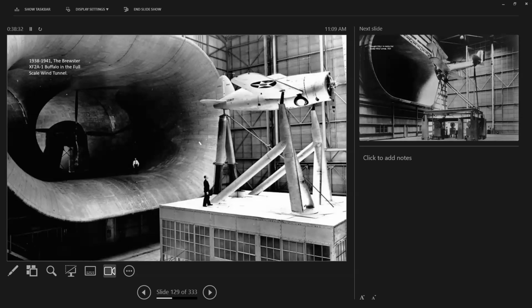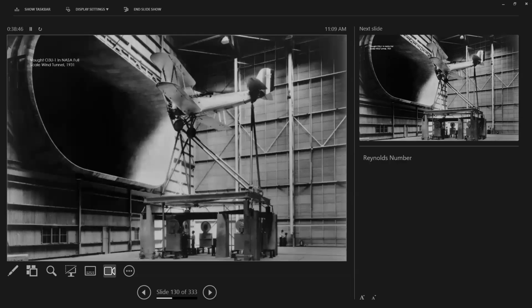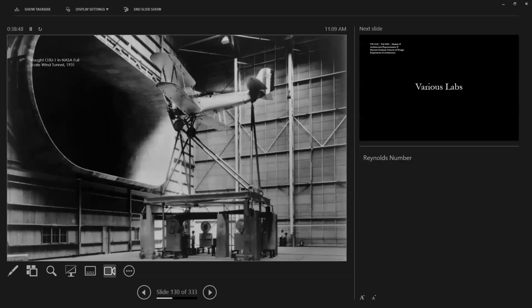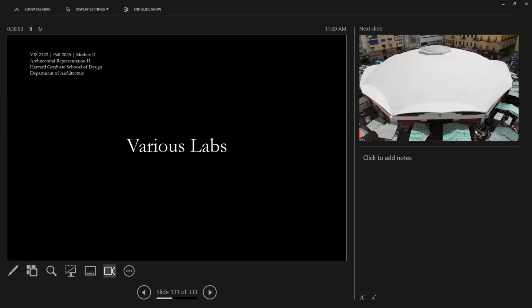But actually, we still do use these, because our simulation software is validated in the wind tunnels rather than the other way around. That is how we know whether the simulation is correct, by comparing it to a wind tunnel. I have done wind tunnel testing on my own building, so it's something very current now.